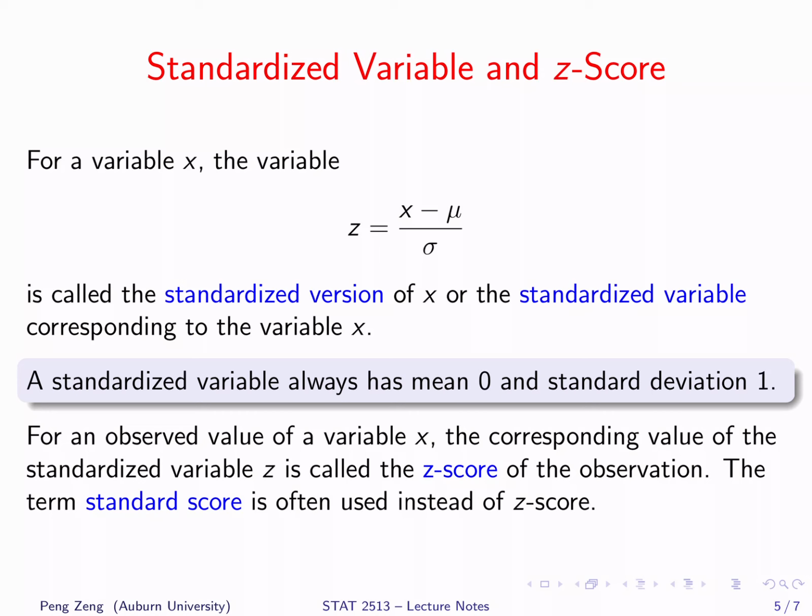For an observed value of a variable x, the corresponding value of the standardized variable z is called the z-score of the observation. The term standard score is often used instead of z-score.